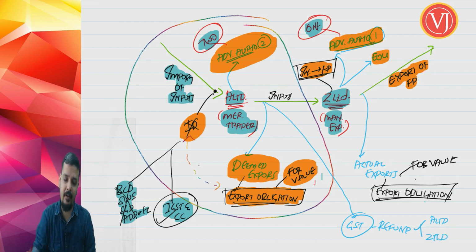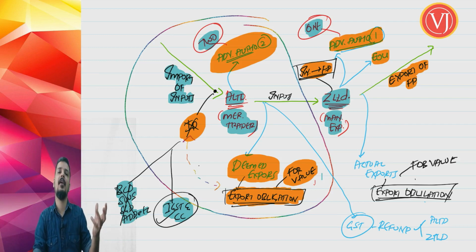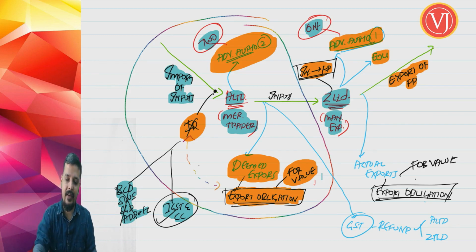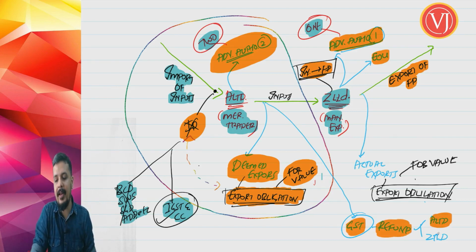So that we are discussing your GST. Deemed exports, A Limited will get the benefit of not paying import duty on his inputs and on his output sales, on his supplies. GST will be charged on his sales. A Limited will have to charge GST, but that GST can be refunded either by the supplier A Limited or by the recipient Z Limited.